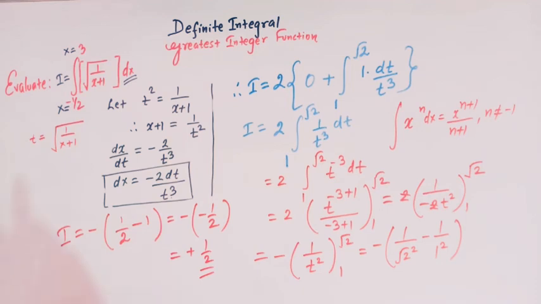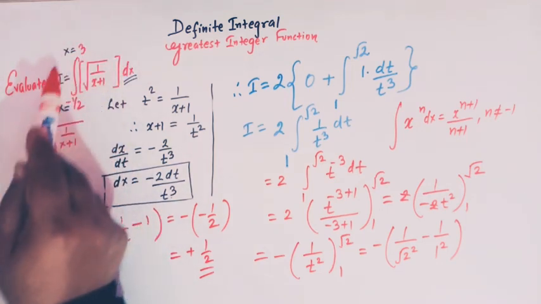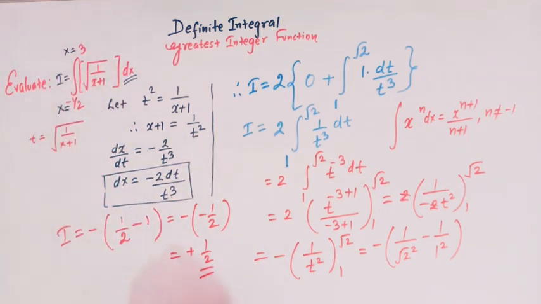So viewers, the value of this integral is equal to plus half, that is plus 0.5, right? So this is how we solve this important problem related to greatest integer function.